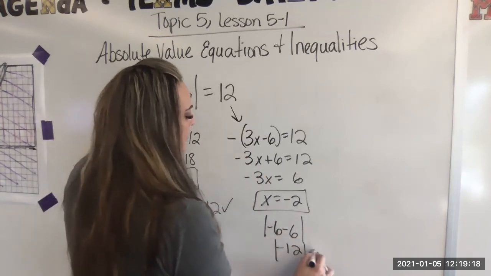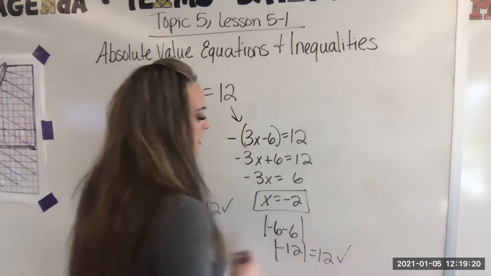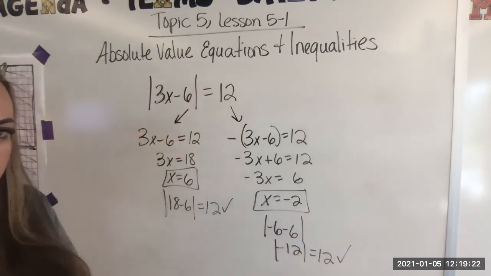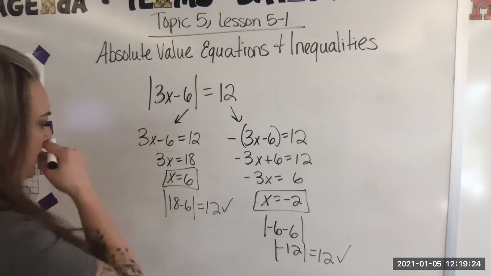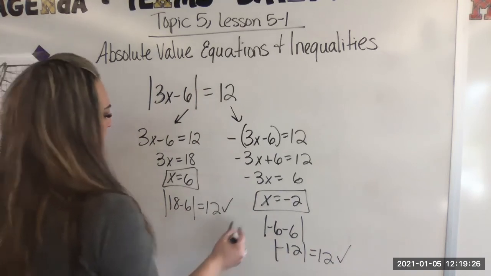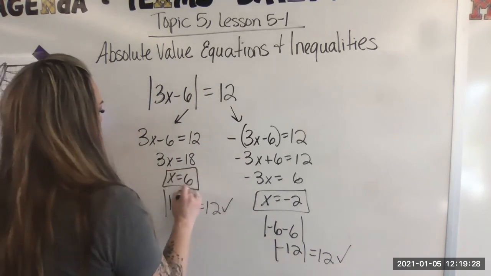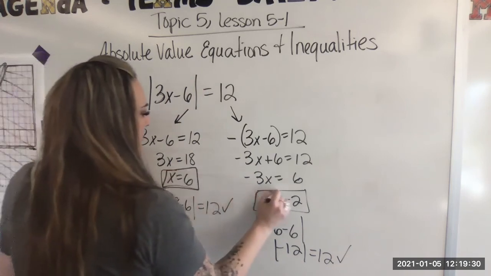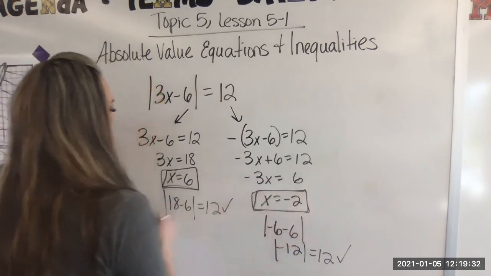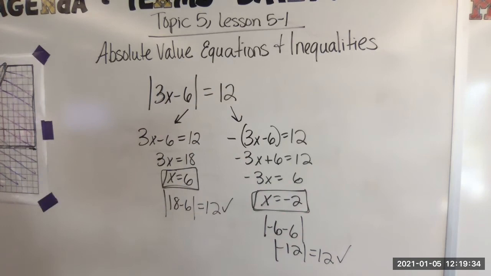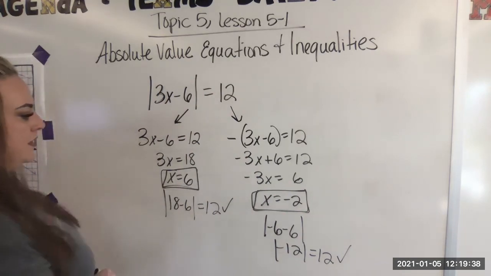And the absolute value of -12 is +12. So in this case, we have the solutions, 2 of them, are 6 and -2. Both of these satisfy the equations.